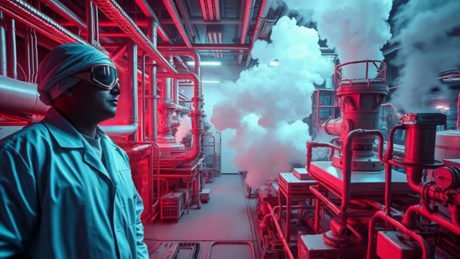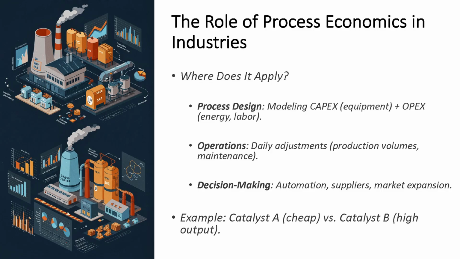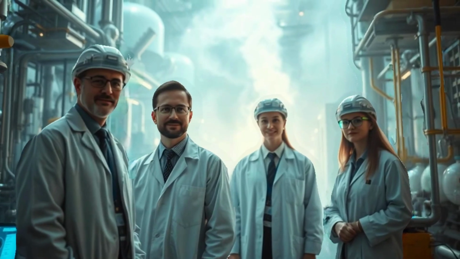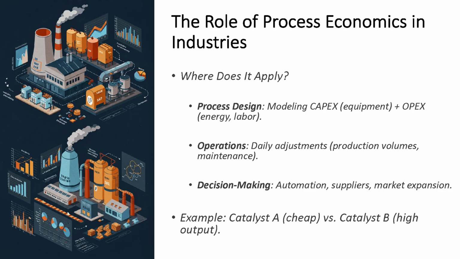Second, operations. Once the plant is running, economics drives daily decisions. Should we ramp up production to meet a surge in orders? Or pause for maintenance to avoid costly breakdowns later? Third, decision-making. Strategic choices like automating a process or switching suppliers rely on economic analysis.